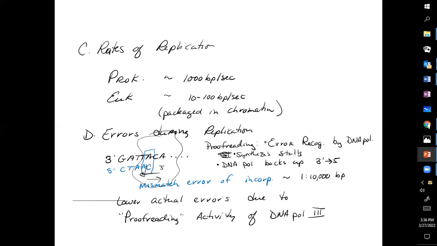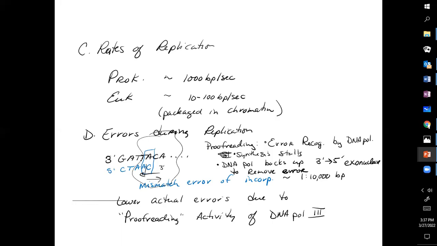What kind of enzyme cuts phosphodiester bonds? Using a 3' to 5' exonuclease activity to remove the error, and then it replaces it with the correct base with its 5' to 3' polymerase activity.